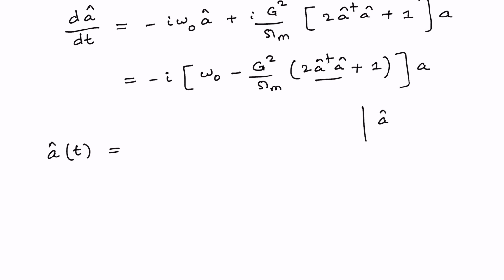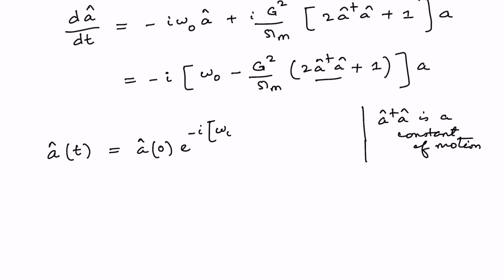Using this fact, I can write the solution as a of t is equal to a of 0 e to the power minus i omega 0 minus Z square by capital omega m twice a dagger a plus 1, into t. This is an important equation I have here.